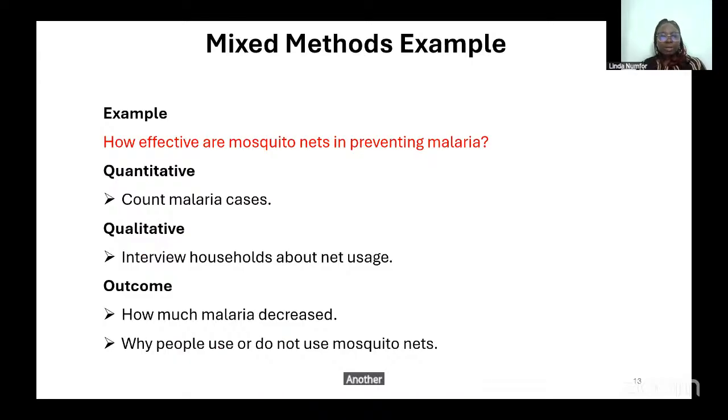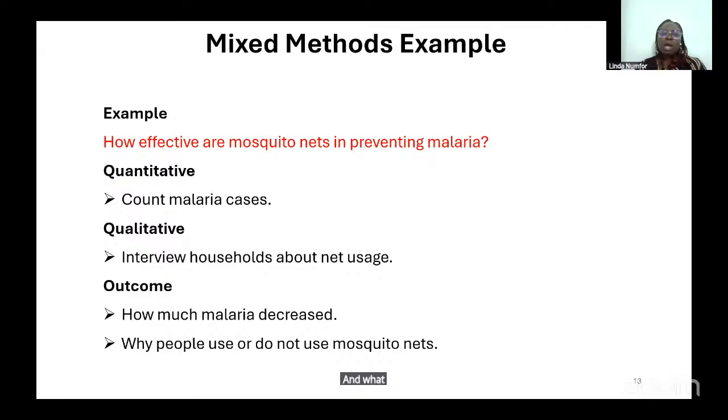Another example would be, how effective are mosquito nets in preventing malaria? The quantitative study will be, you count the malaria cases. You go to a community and find out how many people have malaria. And then the next part of the research, you do a qualitative research. You interview every household. Do you have mosquito nets? How do you use them? Do you use them in a correct way?